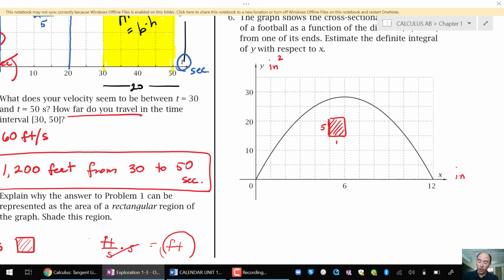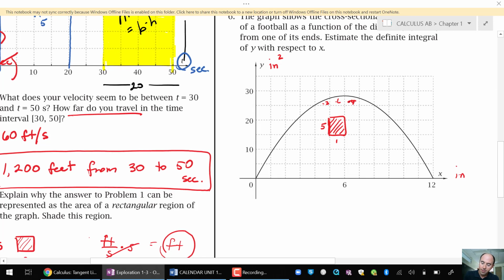Notice I have partial squares. So maybe like a 0.3. This looks like a 0.6, maybe a 0.6 or a 0.5. And here's maybe 0.5, half of the square, maybe a 0.2 down below. So I'm looking for the partial squares as well as I do my total square count.